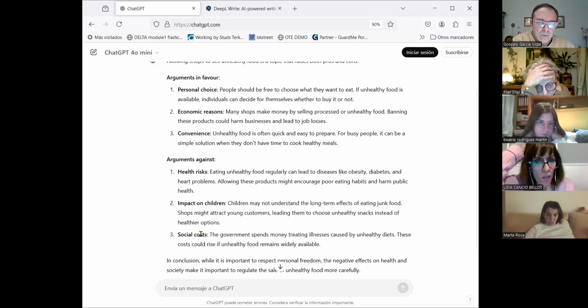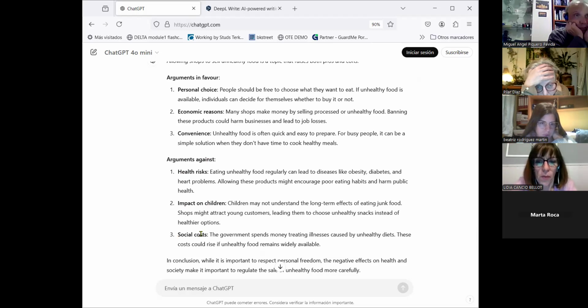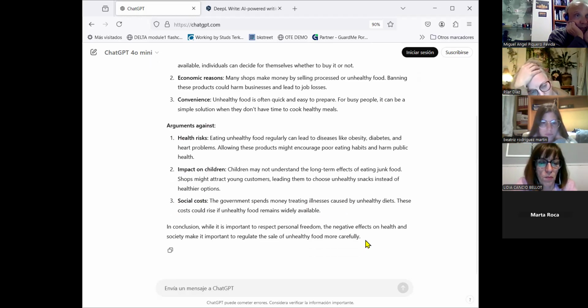So these are all things which you already said about people's health, cancer, obesity, cholesterol, all these different things. Good. And finally, in conclusion, it is important to regulate the sale of unhealthy food more carefully.